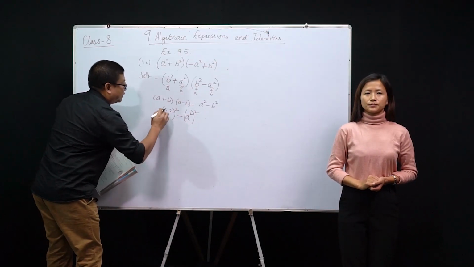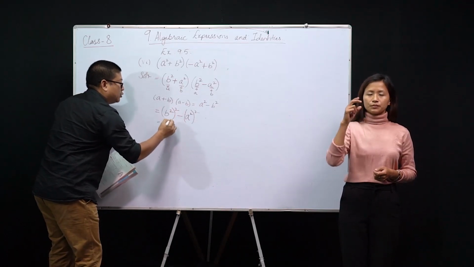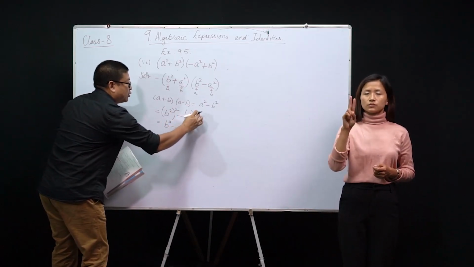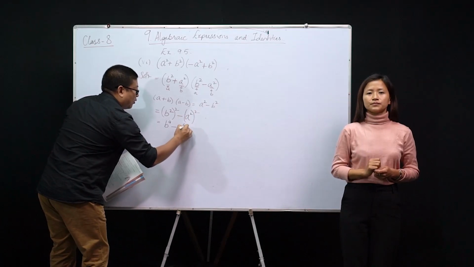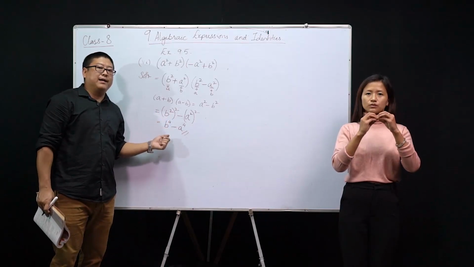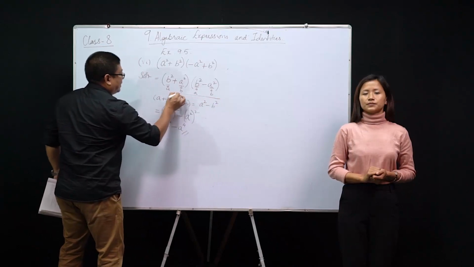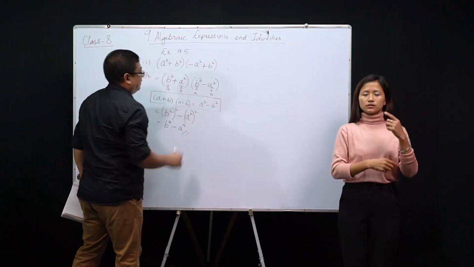When you simplify them, these two powers will be multiplied. 2 into 2 will be 4. So your final answer is b to the power 4 minus a to the power 4. This is the third identity that we have seen.